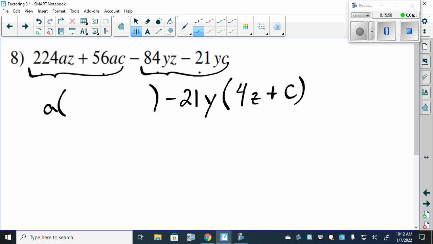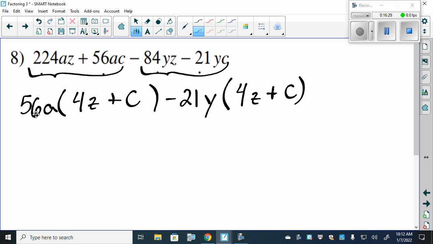So we need this to be 4z plus c, yes? Because for these to be able to do factoring by grouping, I need those two sets of parentheses to be the same. So I need this here to be 56a. Because it does work out that 224 divided by 56 is 4. And then we would have the z, and the 56a would factor out completely, leaving us with just c.